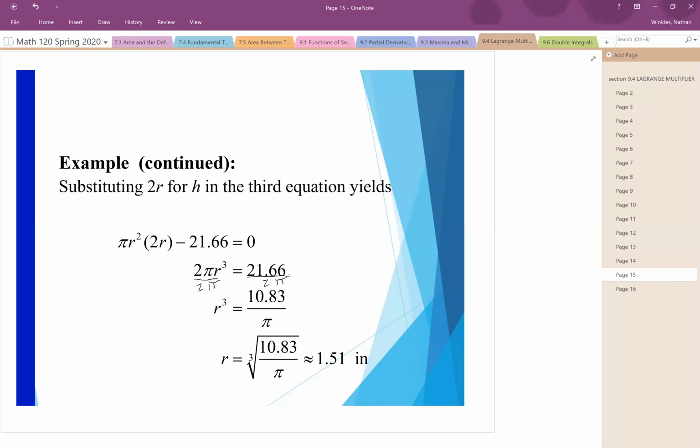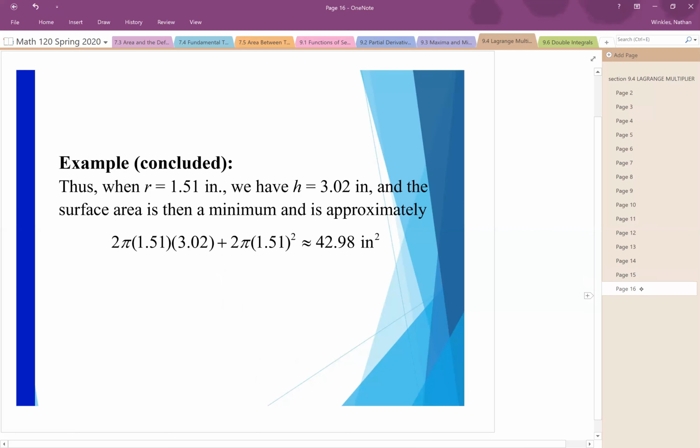The pi is still down there. So we get r cubed equals 10.83 over pi. Taking the cube root of both sides, we get r is equal to the cube root of 10.83 divided by pi, which is approximately 1.51 inches.